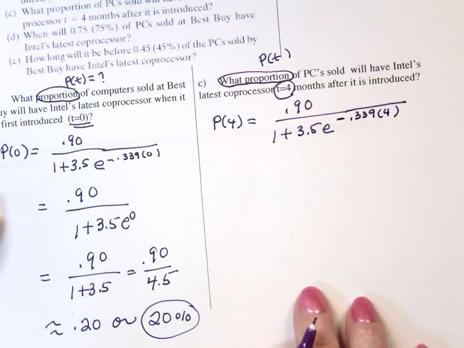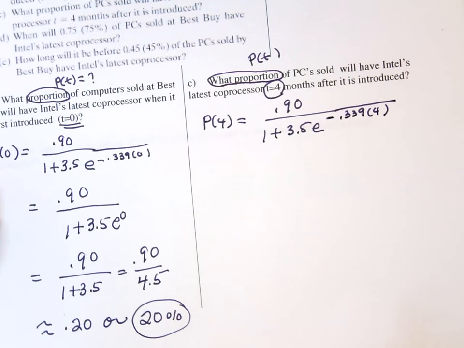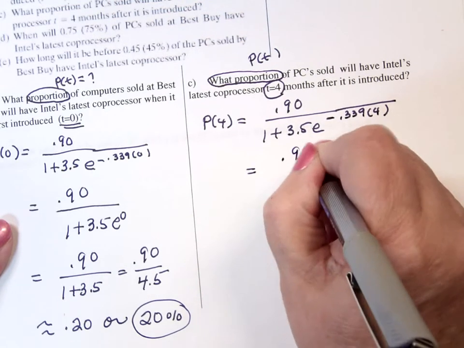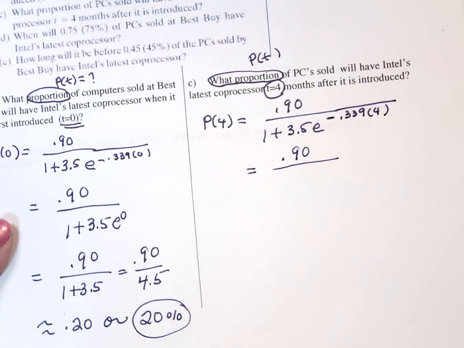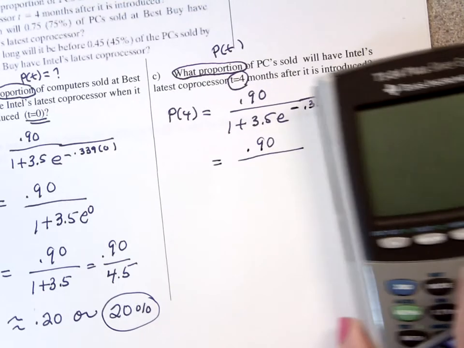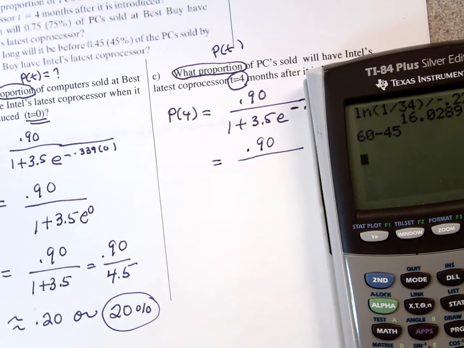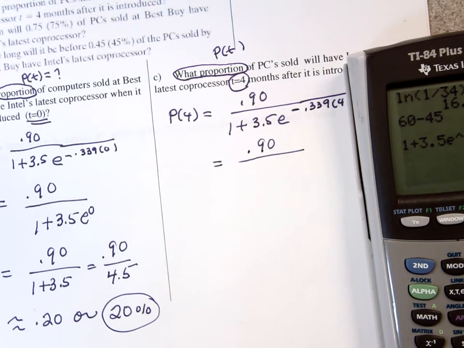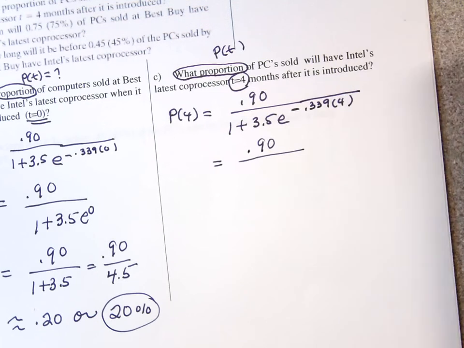Now this is not so friendly. There are two ways that you can do this. I can look at this as 0.90 and then just calculate the denominator, which is 1 plus 3.5 e to the negative 0.339 times 4, which is 1.9 approximately.